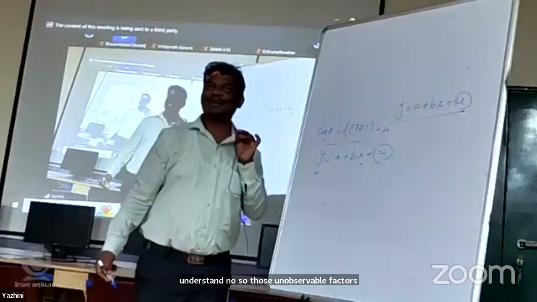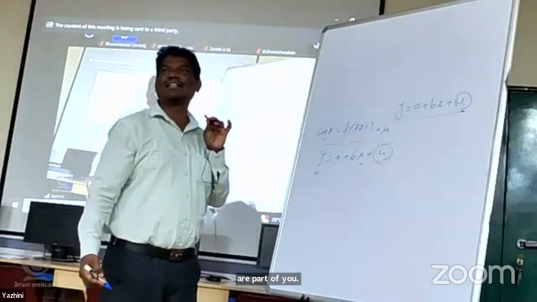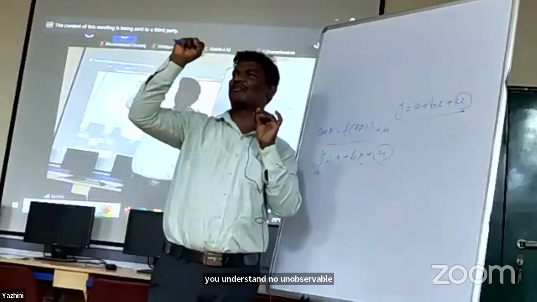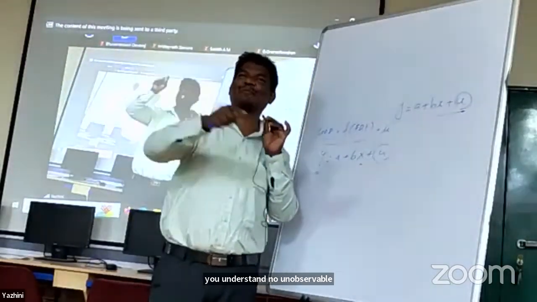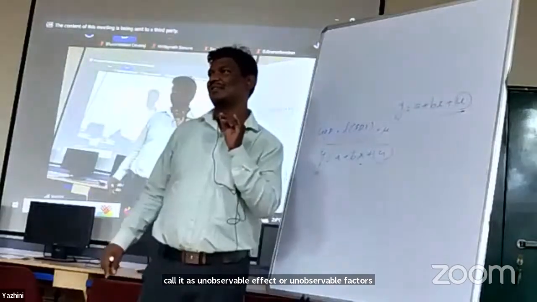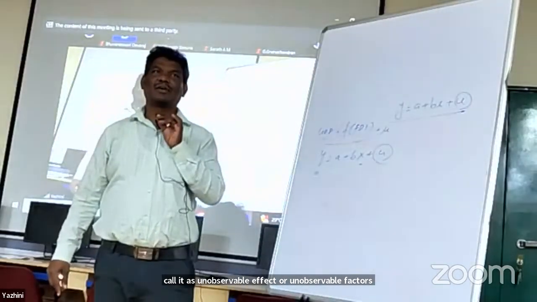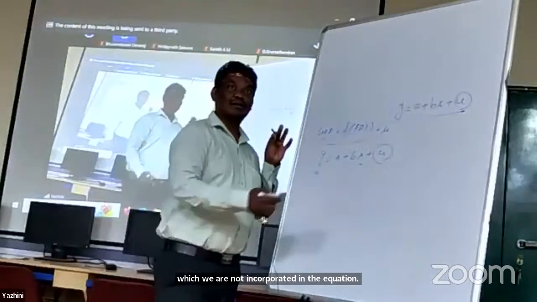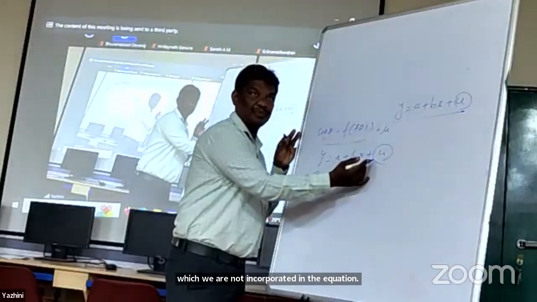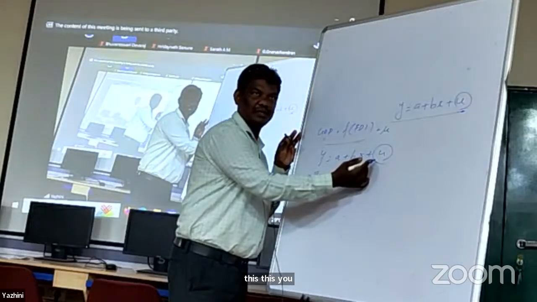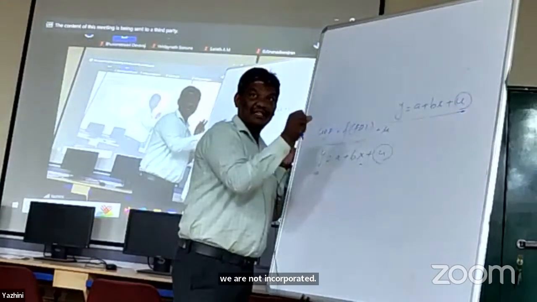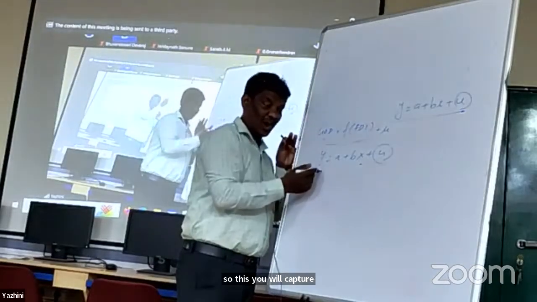We call it the unobservable effect or unobservable factors which we have not incorporated in the equation. So that is random. This u will capture the impact of other factors on y.